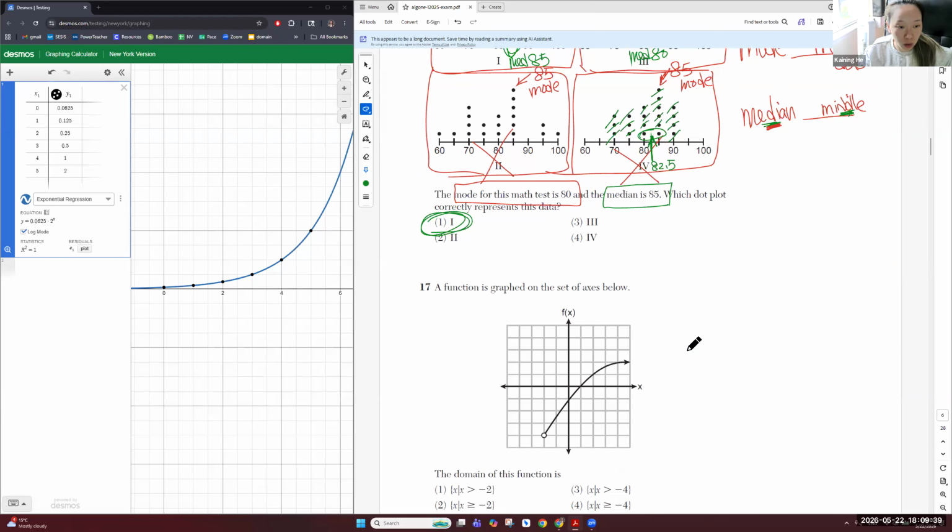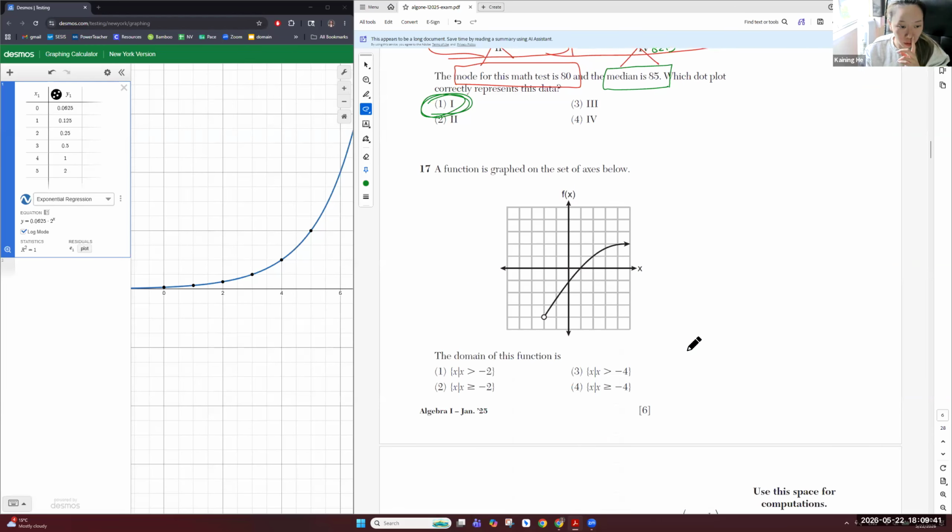Let's take a look at the next one. A function is graphed on the axis below. The domain of the function: what can be done by using as x? And we know the domain is sweeping vertically from your left to your right. So what's the left answer? Right here, which is the -2. So anything containing -4 will be gone. So this is my -2 in here. Do I include or not include?